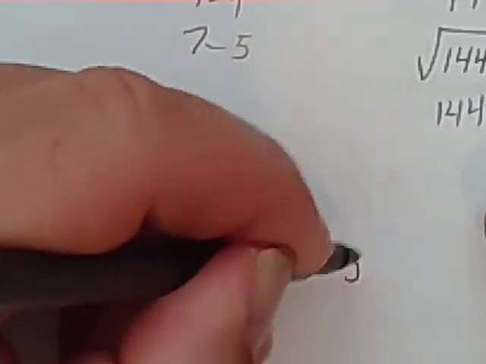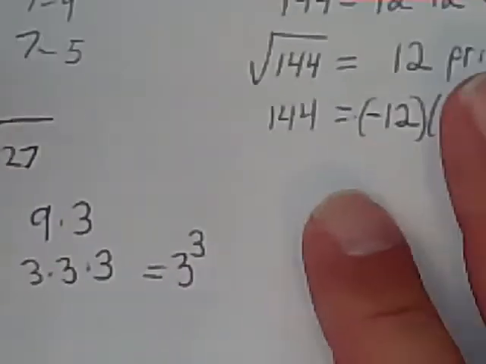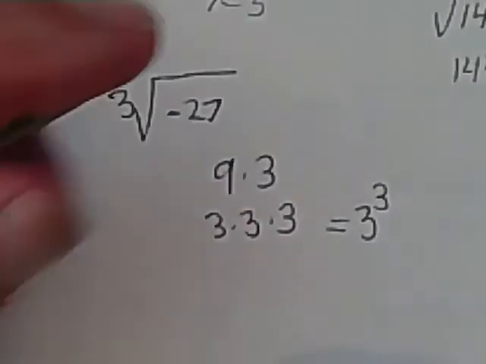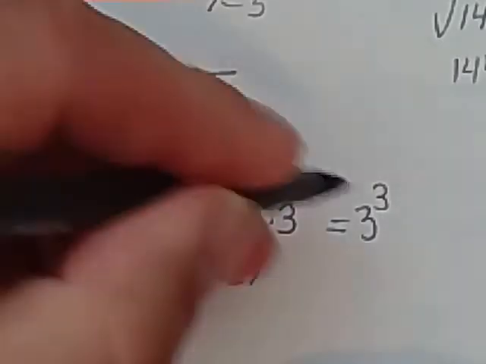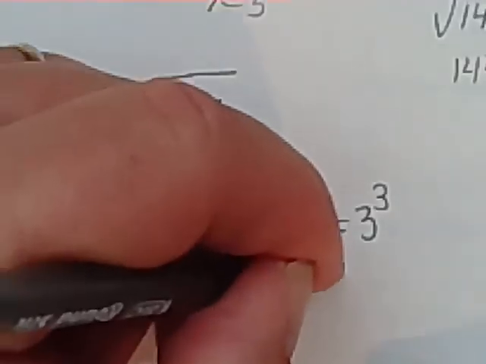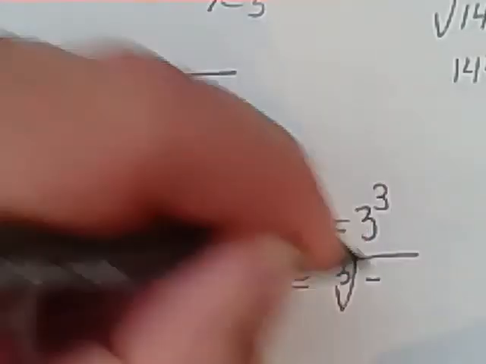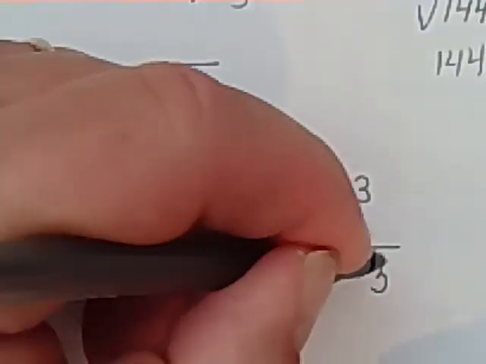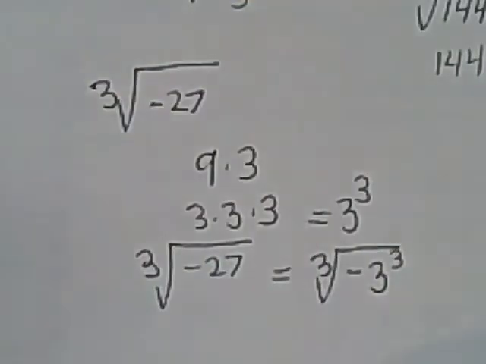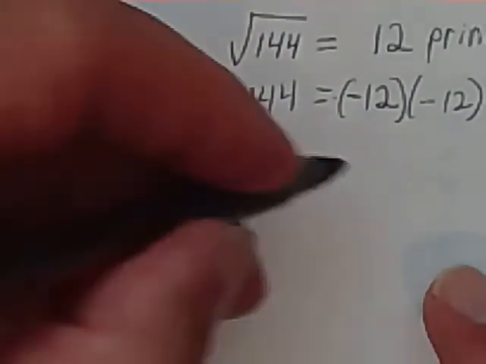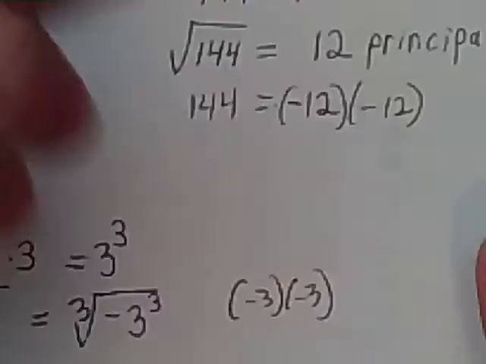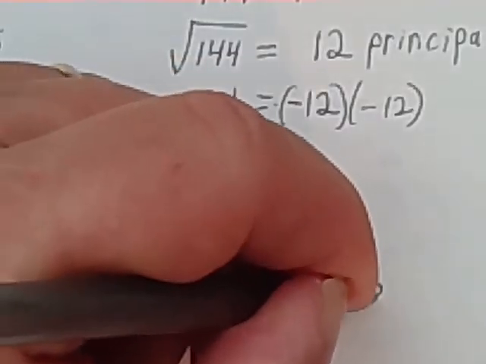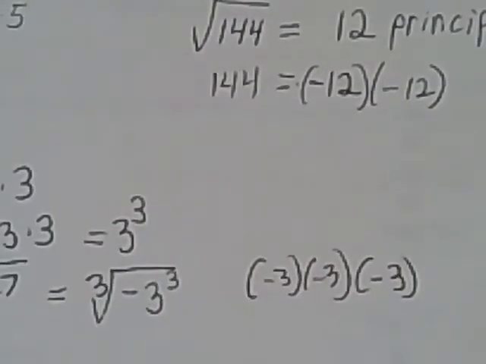Well, that's 3 cubed. They're asking, what is the cube root of negative 27? The cube root of negative 27 is the cube root of negative 3 cubed. And the way that works is negative 3 times negative 3 is positive 9, and then positive 9 times negative 3 is negative 27.